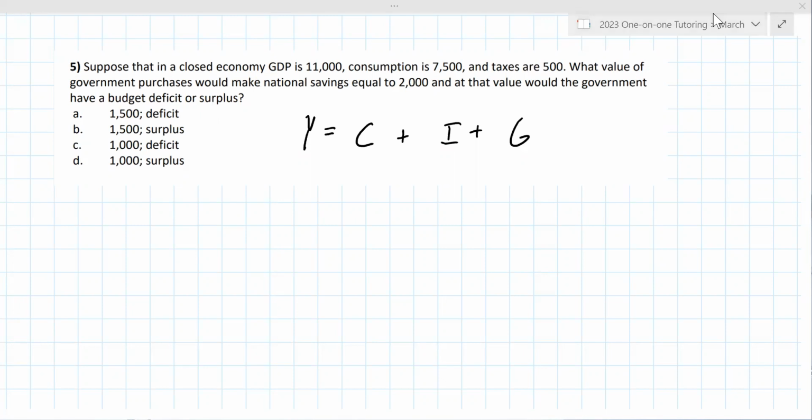Let me find. And what are we given it as?